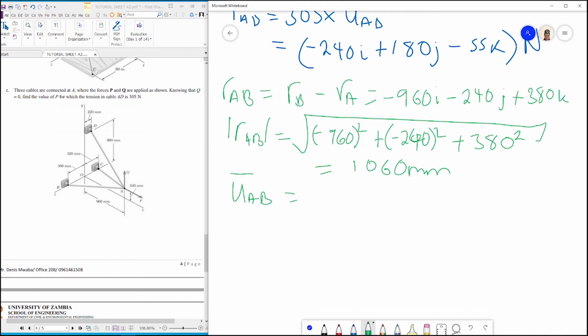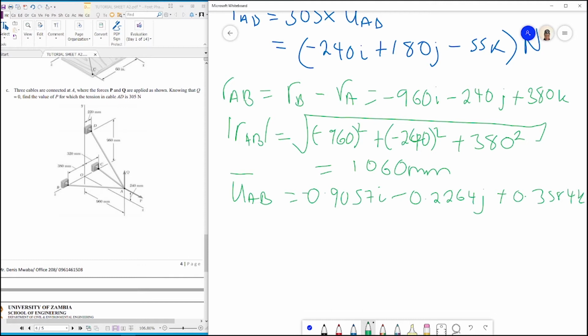For the first one we'll have minus 0.9057 I, and then minus 240 divided by 1060, that's minus 0.2264 J, and then plus 380 divided by 1060, and you have 0.3584 K, isn't it?